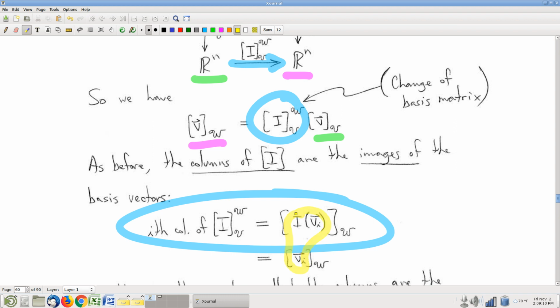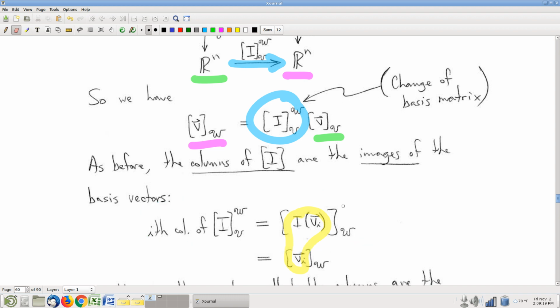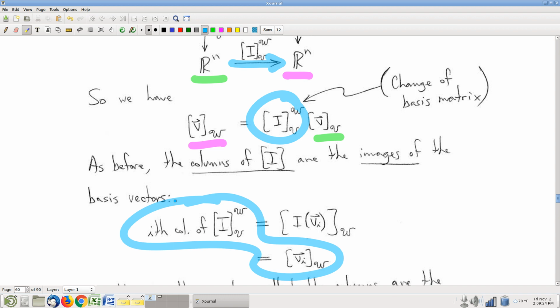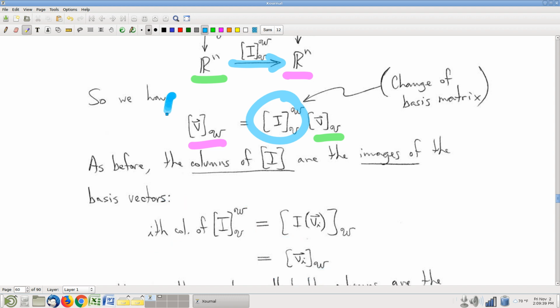So I, the action of doing absolutely nothing to v_i, gives you v_i. So, a very handy formula for how to compute this change of basis matrix is just take the input basis vectors and write them as columns in the language of the output basis. And that will accomplish the change of basis goal that we're interested in.